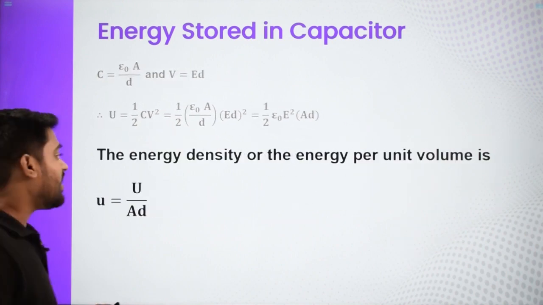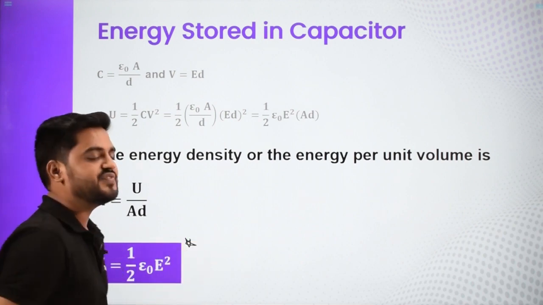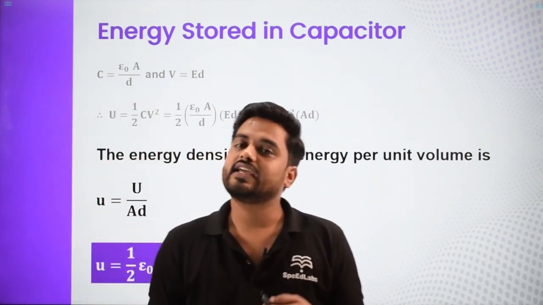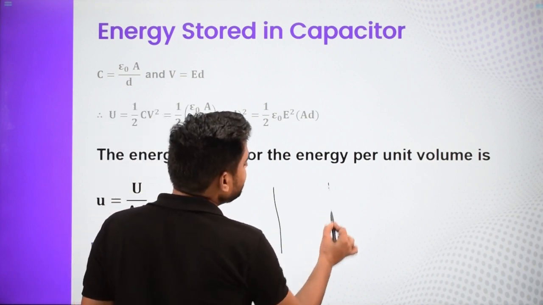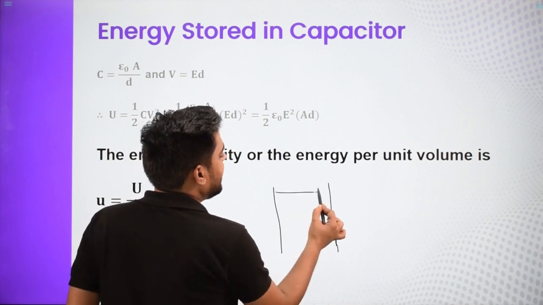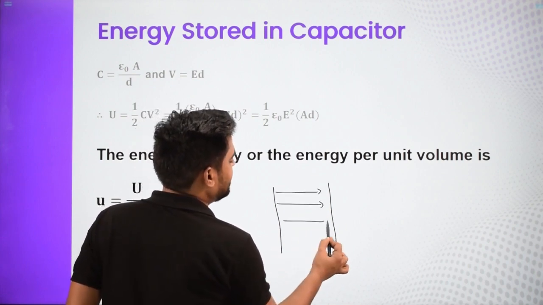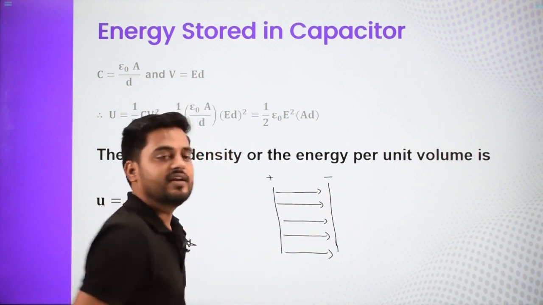So how is this useful? This formula is useful not just for the capacitor chapter. We are going to use it for electrostatics also, because if this is a capacitor, then in between the two plates we know that there is a uniform electric field, starting from the positive plate to the negative plate.